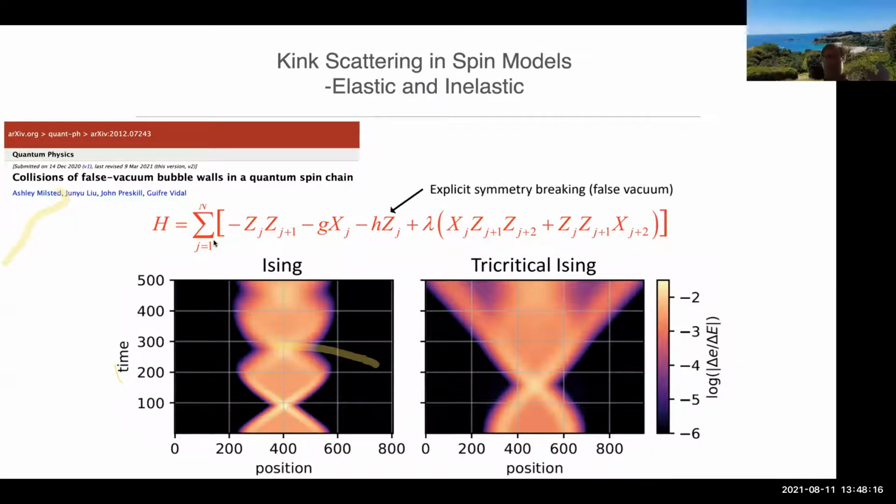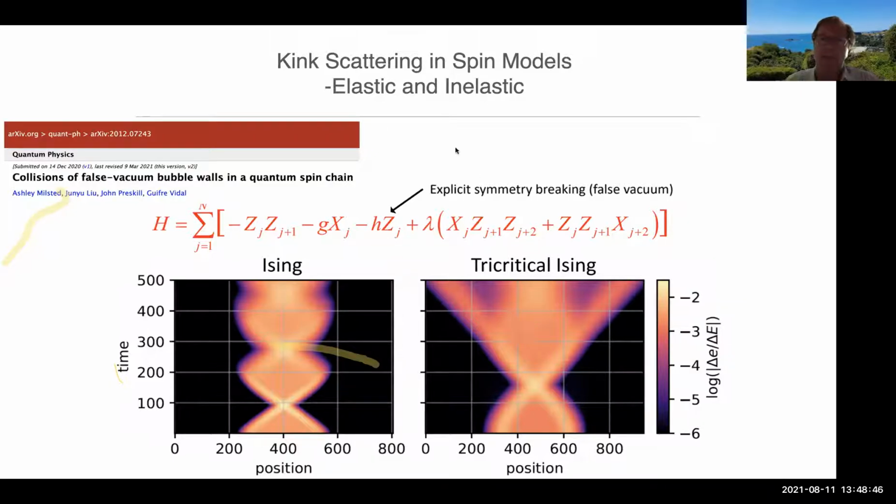This system supports a kink, and for the Ising coupling, where lambda is 0, these kinks move towards each other and they scatter off each other repeatedly. And one sees an evolution of the entanglement entropy as a function of time as they scatter from each other, but one doesn't see any inelasticities. There are no particles that go off to infinity away from the center of mass of these domain walls.